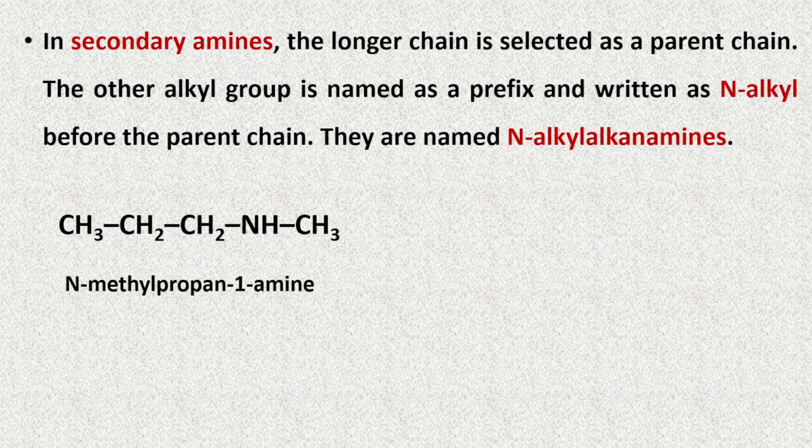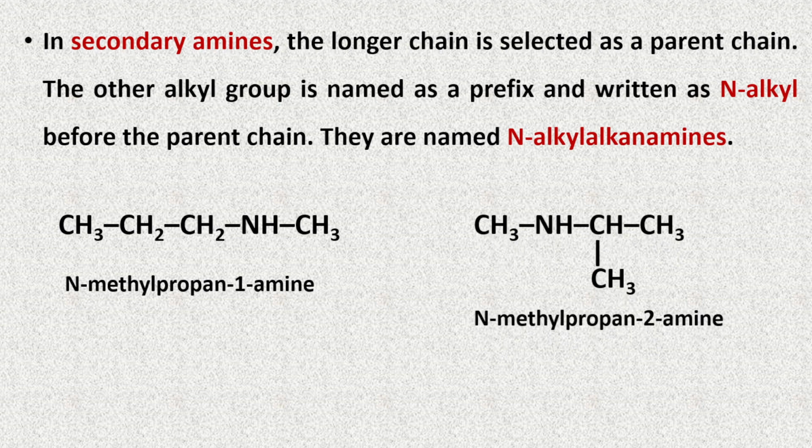So methyl will be considered a substituent, while propyl is the longer chain, considered the parent chain. So its IUPAC name is N-methylpropan-1-amine. The IUPAC name of the second compound is N-methylpropan-2-amine, as the NH group is attached to the second carbon of the longer propyl chain.